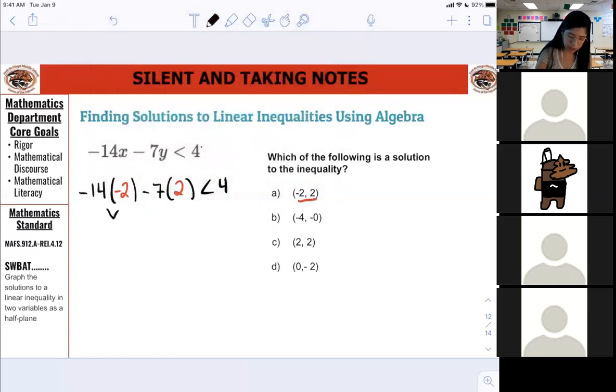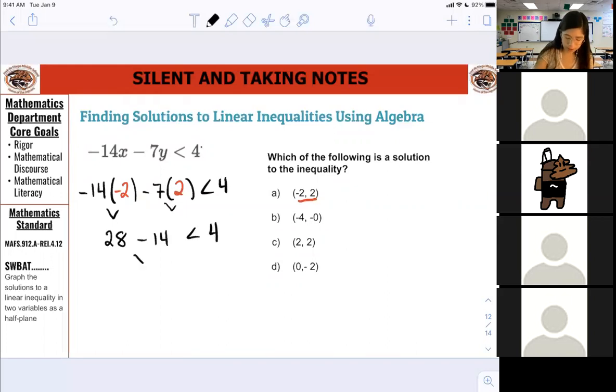So -14 times -2 gives me +28. And then -7 times +2 is -14.